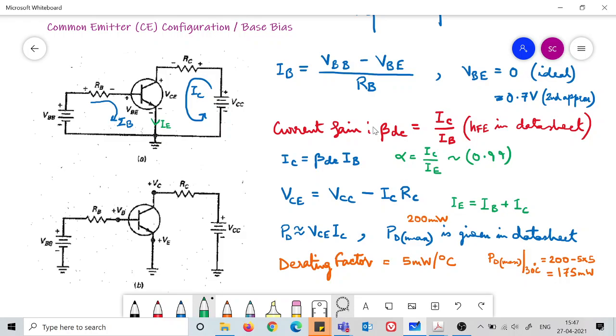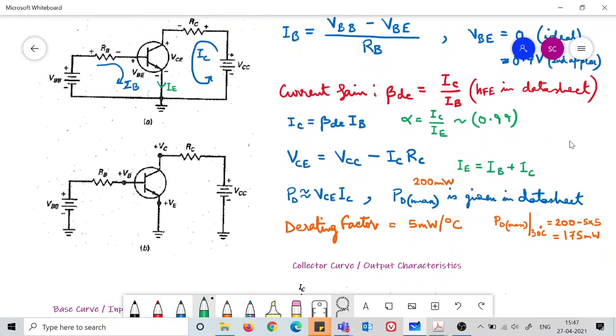So that's why we directly use these equations when there is some current IB. But when the IB becomes 0, that means the majority carrier collector current would be 0, that is true, but there is a minority carrier current, and that's why we can write this IC.